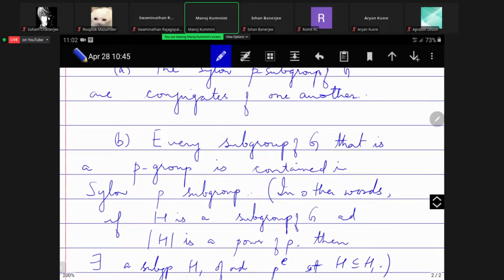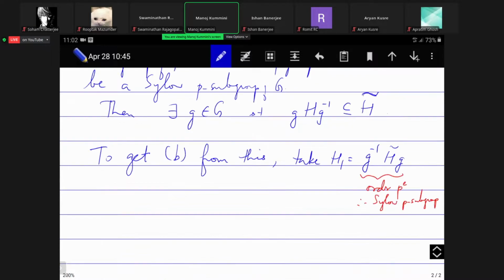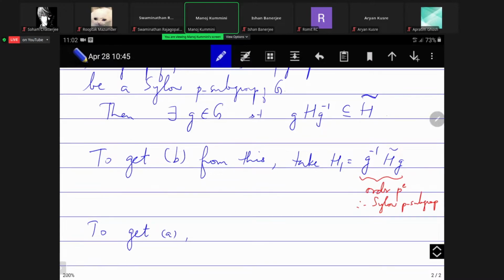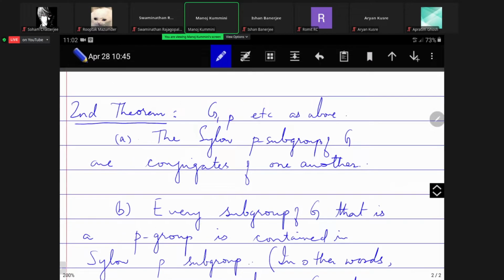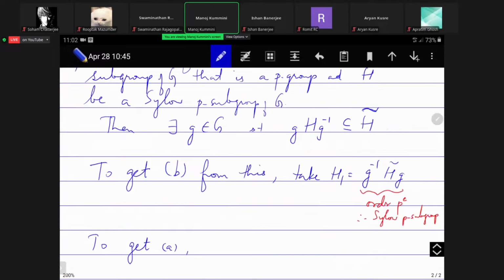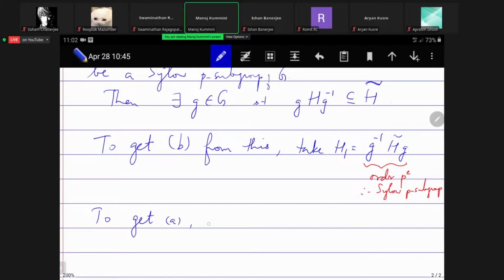Okay. Now to get A, we need to show that if two Sylow subgroups are conjugates of each other, take H to be a Sylow subgroup.